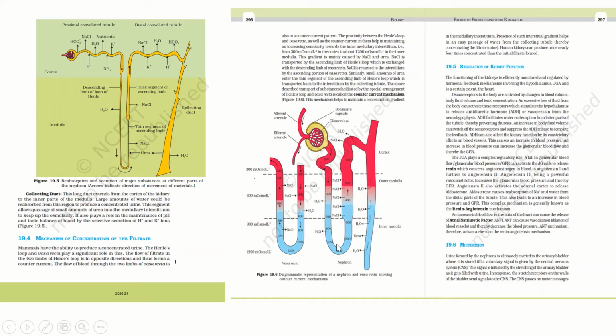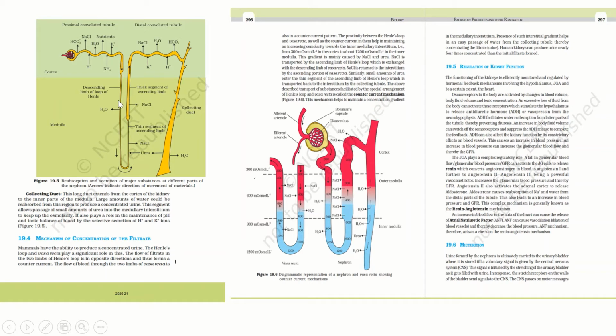Now, in order to maintain this, what happens? The counter current mechanism takes place. Why? What we can see is that NaCl molecules are getting reabsorbed from the nephron tubules into the interstitial fluid of the medulla, from the thin and thick segments of the ascending limbs.